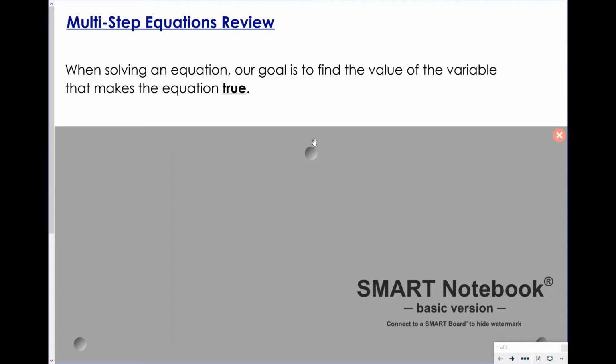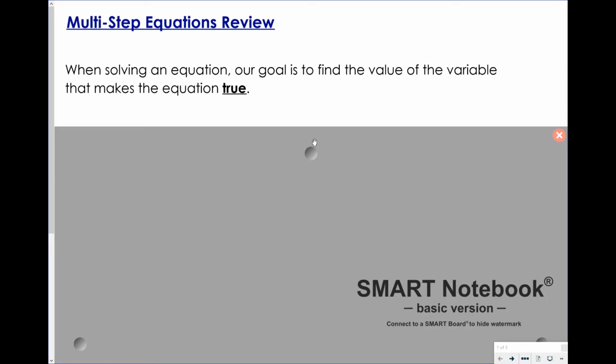Did you hear what I just said? Let me reread it for the ones in the back. When solving an equation, our goal is to find the value of the variable, whatever it is that we have, that makes our equation true.